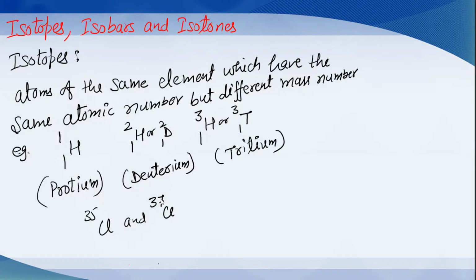It is always 17, so it is written as chlorine 35 and chlorine 37.